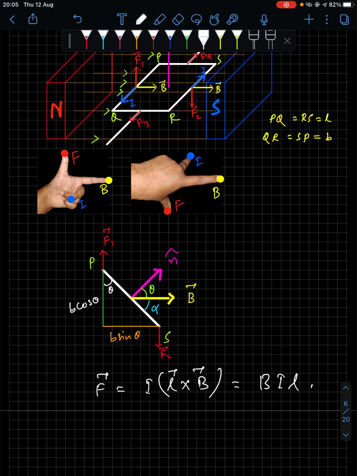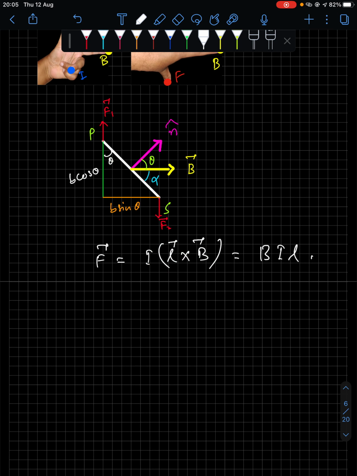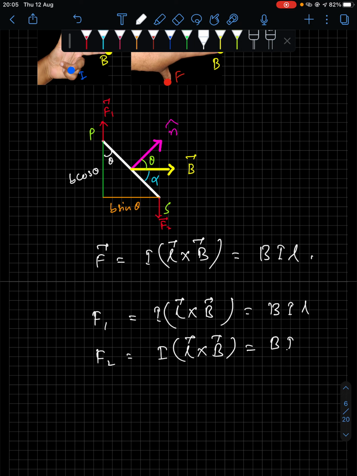Now force on this branch PQ is BIL. Force on this branch RS is also BIL, but their directions are opposite. So you can write F1 equal to I L cross B equals BIL. F2 is also I L cross B equals BIL.